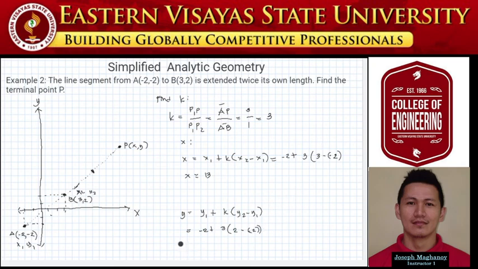So your y is equal to 10. Okay. So therefore, your terminal point x and y is located at 13 and 10.